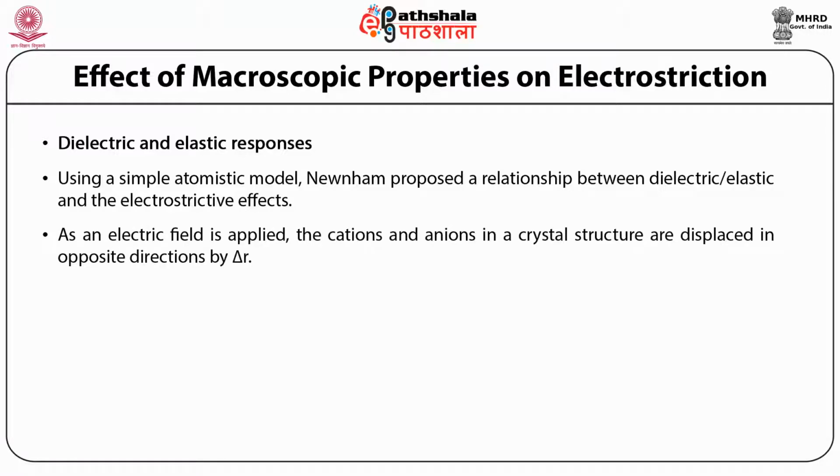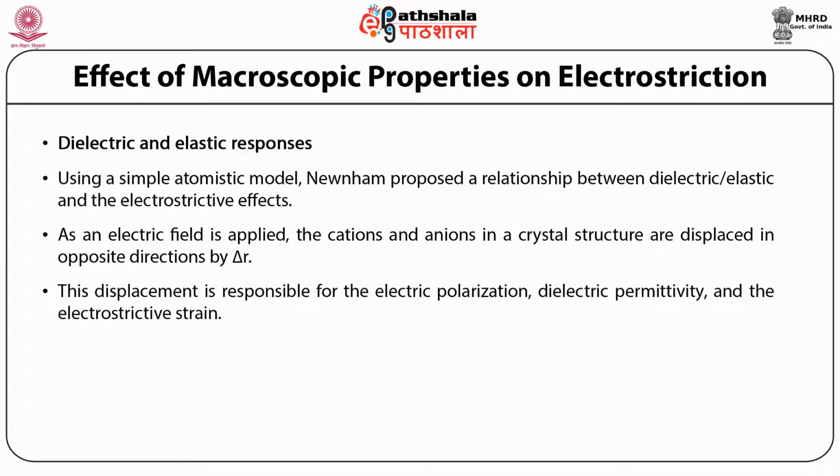As an electric field is applied, the cations and the anions in a crystal structure are displaced in the opposite direction by delta R. This displacement is responsible for the electric polarization, dielectric permittivity, and the electrostriction strain.